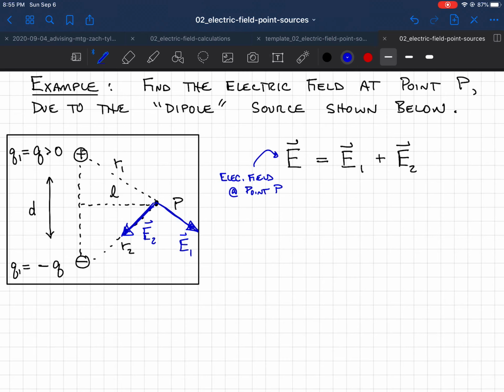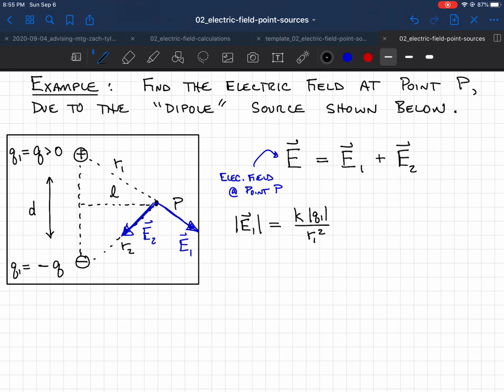Before we do any of that, let's just calculate what these magnitudes should be. So what are the magnitudes of E1 and E2? So E1, magnitude E1, we have our equation from two pages ago, which is that the magnitude should be equal to K, absolute value Q1, over R1 squared.